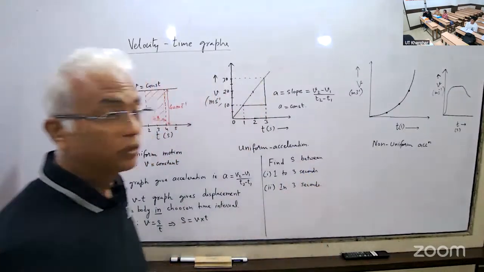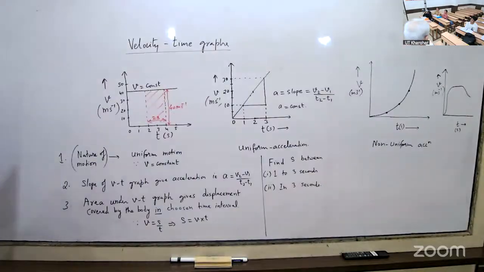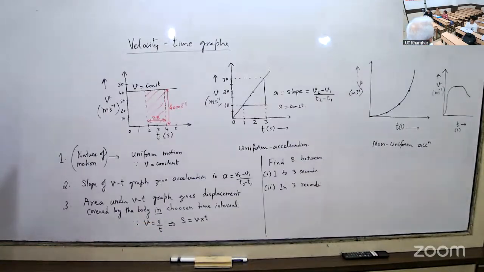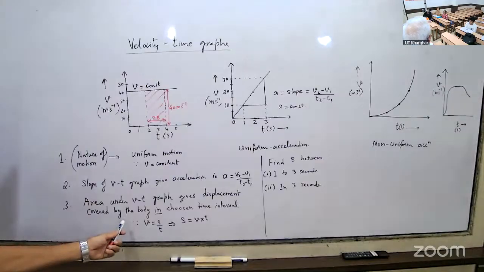Which graph is this? What kind of graph is this? VT. And how do you find displacement in a VT graph? V into T, by finding the area under the graph in the chosen time interval.